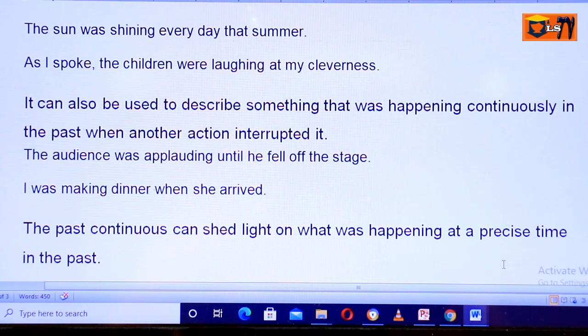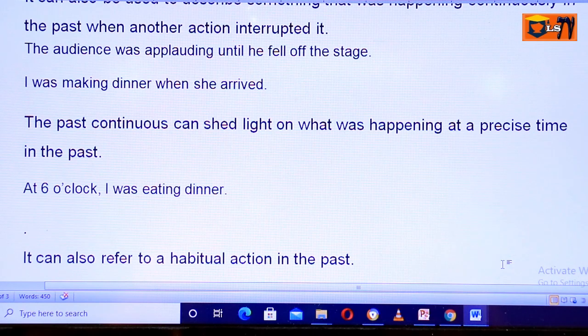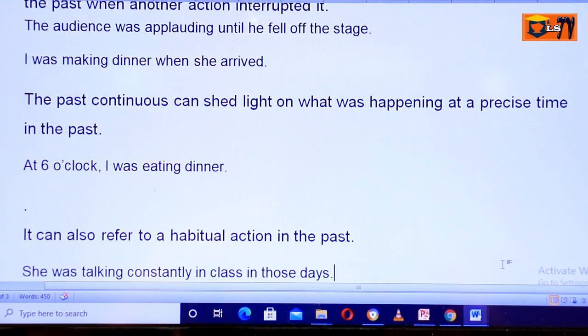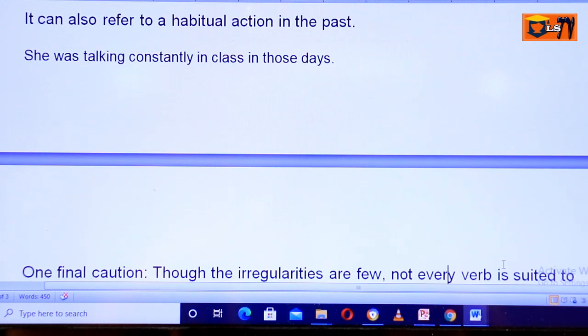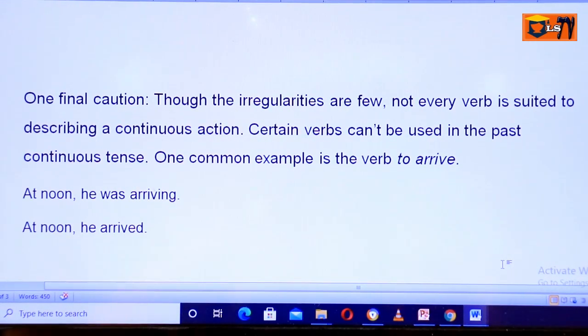The past continuous can shed light on what was happening at a precise time in the past. At 6 o'clock, I was eating dinner. It can also refer to a habitual action in the past. She was talking constantly in class in those days. One final caution.